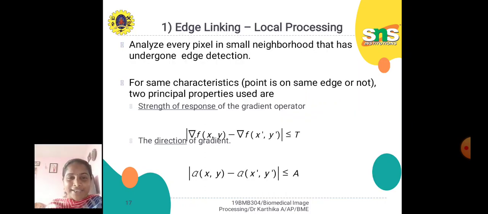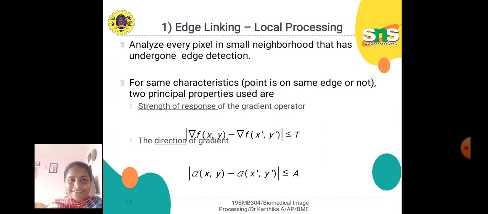Here we use local processing for edge linking, to analyze every pixel in a small neighborhood that has undergone edge detection, for some characteristics, to decide whether pixels are on the same edge or not. Two principal properties are used here: the strength of the response of the gradient operator and the direction of the gradient.